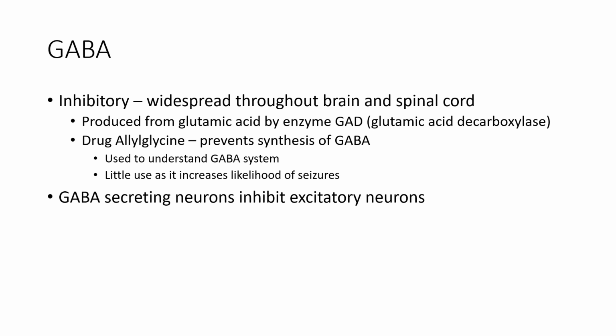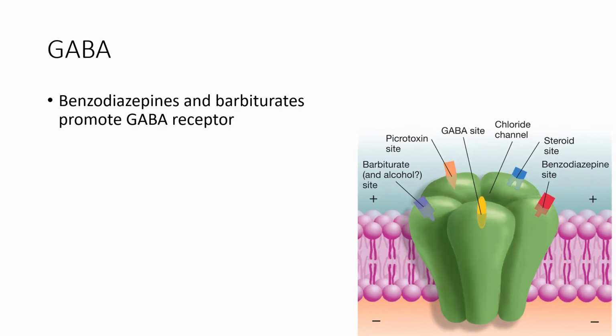Now, GABA secreting neurons, as you may have already guessed thus far, inhibit excitatory neurons. So basically the signal that GABA is giving is don't fire, calm down, don't fire. Here we're taking a look at a picture from your textbook of a GABA receptor. As we're looking at it, you'll notice there's more than one receptor site.